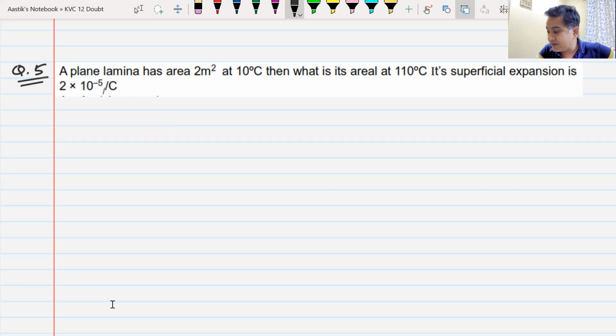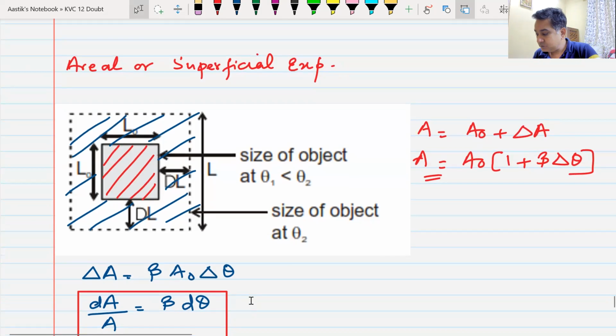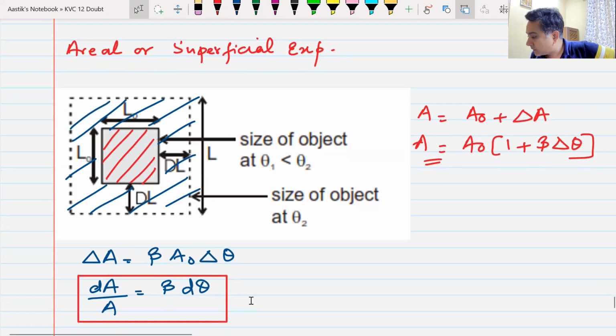This is the previous slide on areal or superficial expansion. Noted it down?